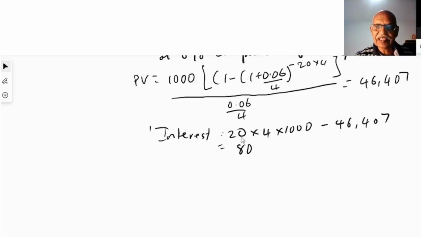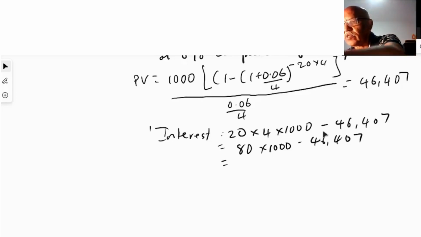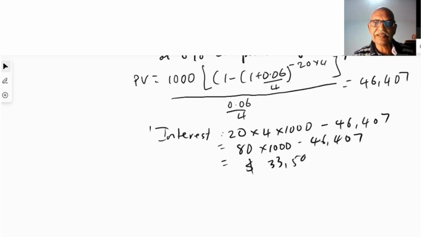I was paid 80 times $1,000, take away 46,407. It means it was 33,593. That means I got a lot of extra money. This is the extra money I got. So these are all about annuities, simple examples about annuities.